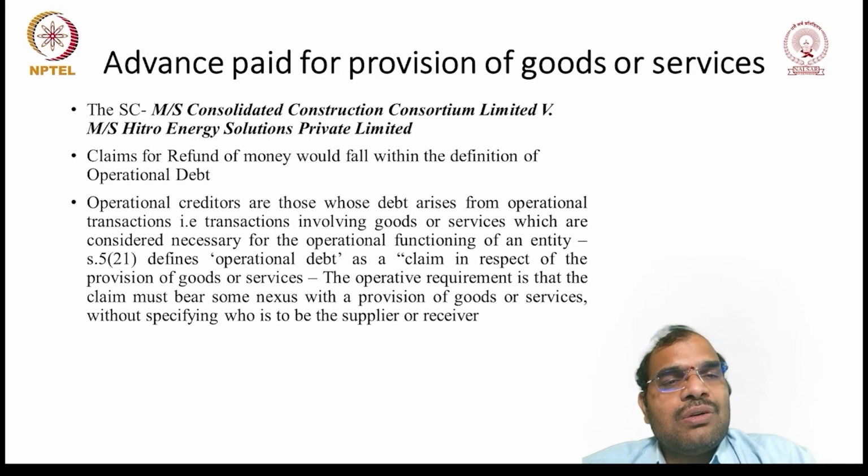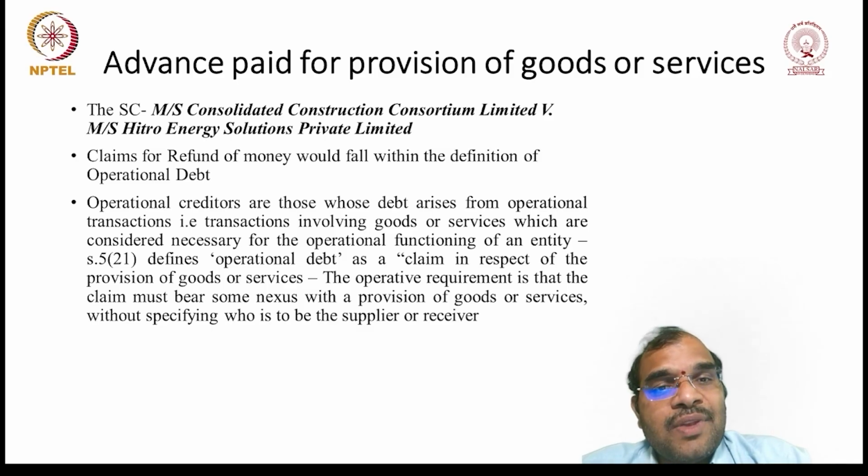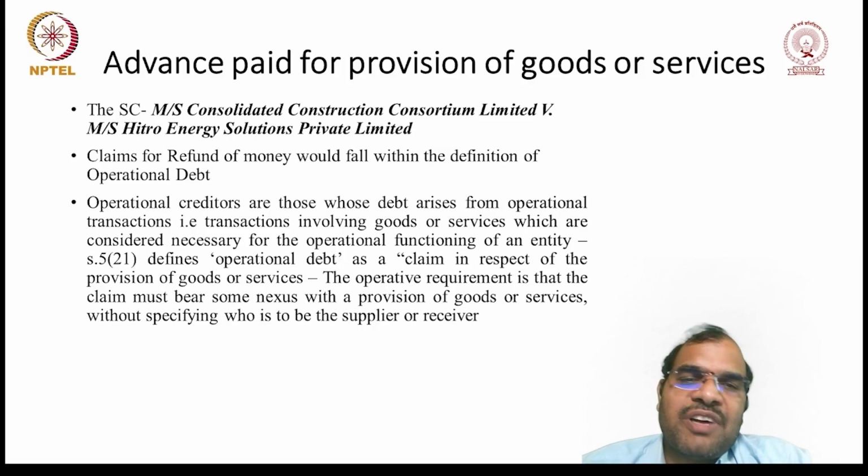Okay, so who is an operational creditor? Operational creditors are those whose debt arises from the operational transactions. So from the operational transactions, if any person is entitled to receive the money, he is considered to be an operational creditor. He is giving one example, that is transactions involving goods or services which are considered necessary for the operational function of the entity.